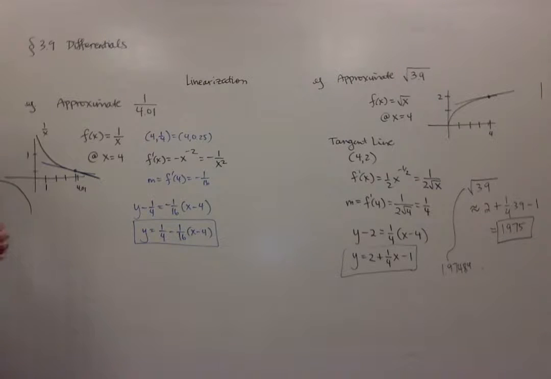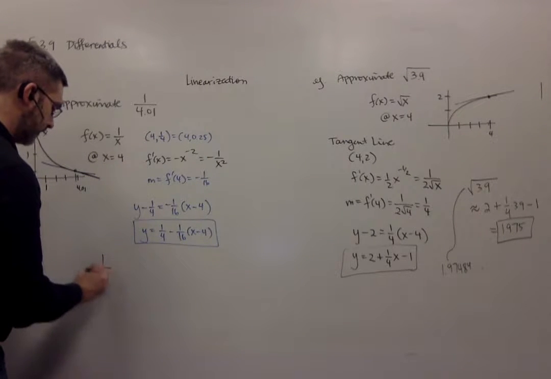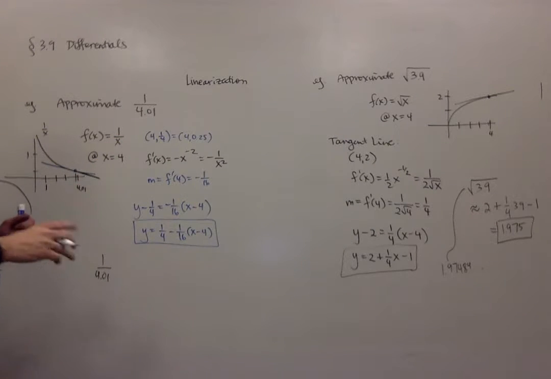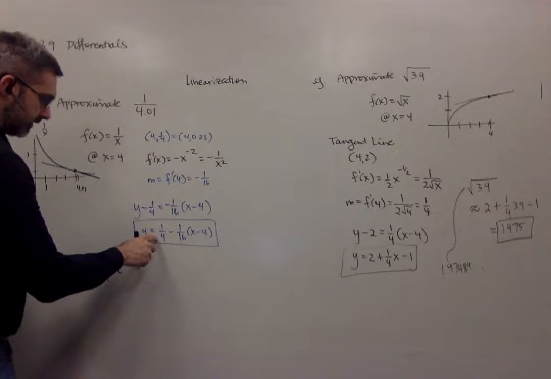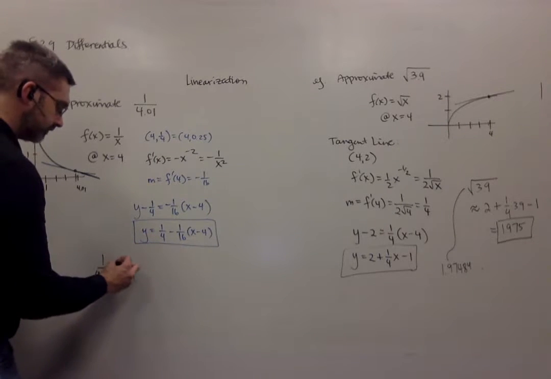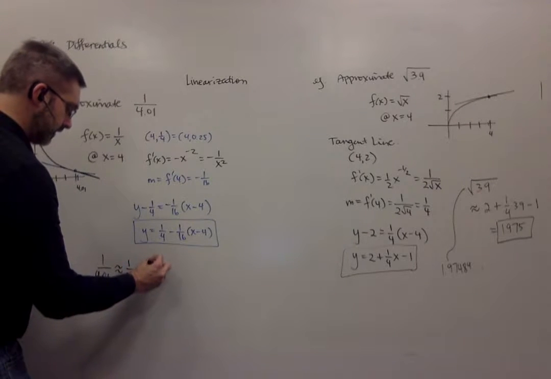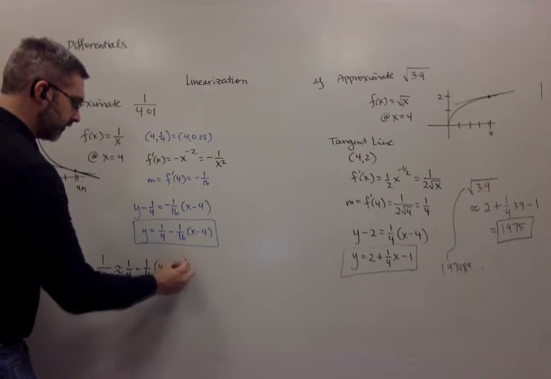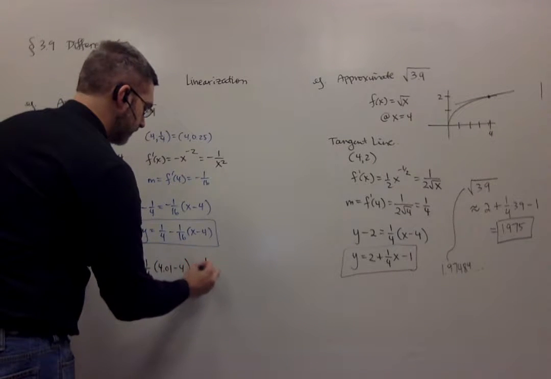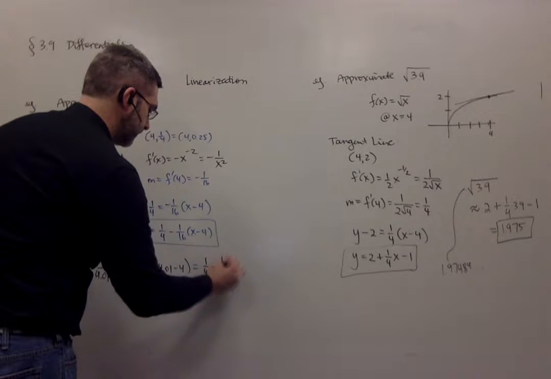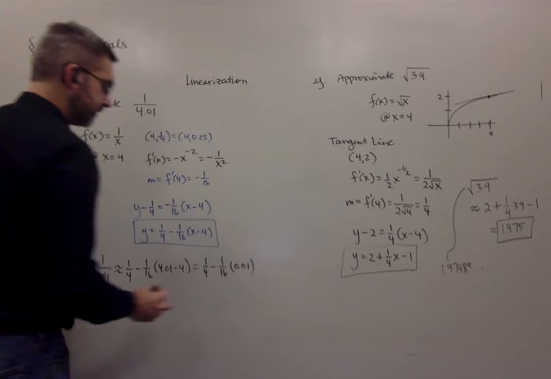Okay, and now what I'm going to do is instead of plugging 4.01 into this 1 over x function, which I don't know how to do, I'm going to plug it into the tangent line at 4. So I have 1/4 minus 1/16 times 4.01 minus 4. In other words, I'm going to have 1/4 minus 1/16 times 4.01 minus 4 is 0.01.